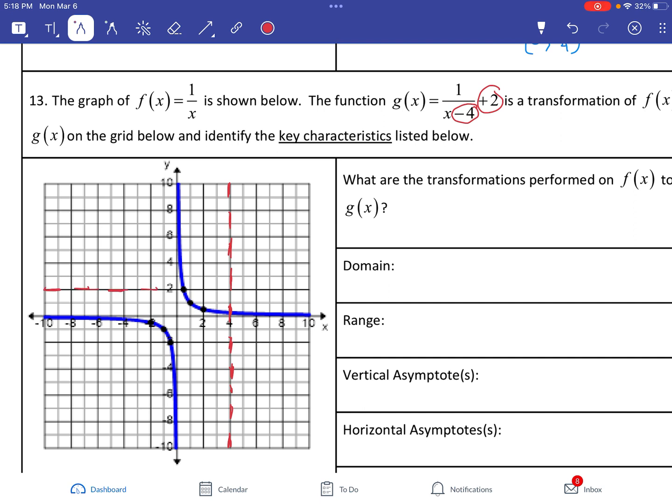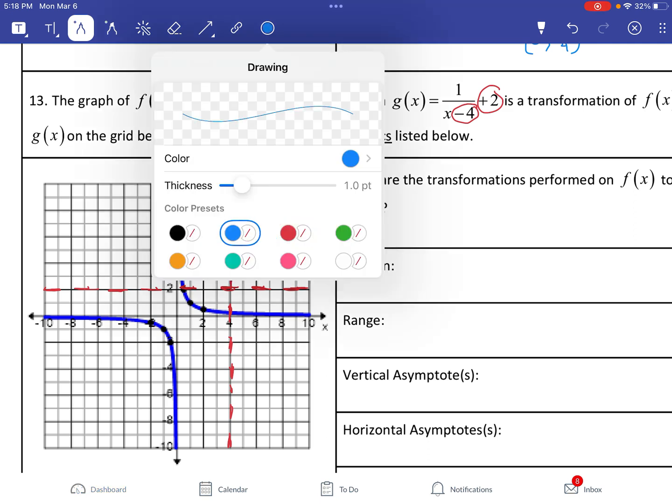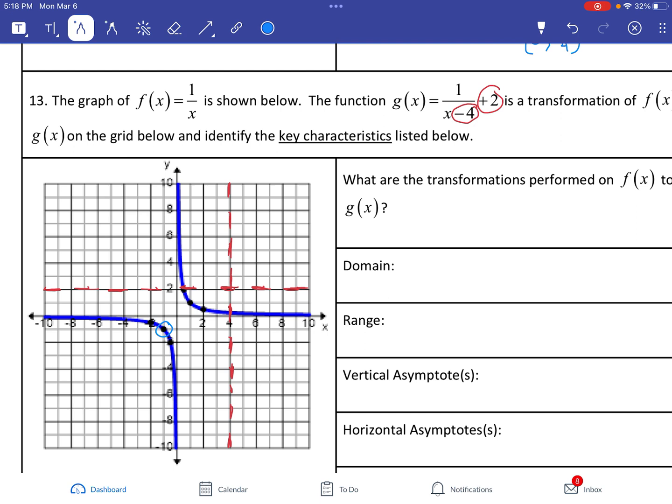Here's my new horizontal asymptote. I'm going to take 2 of my points, this one and this one. I move them the same amount of distance I did for the asymptote. So I move it 4 to the right and up by 2, which puts it right here and right here. And I can graph those with my new graph.